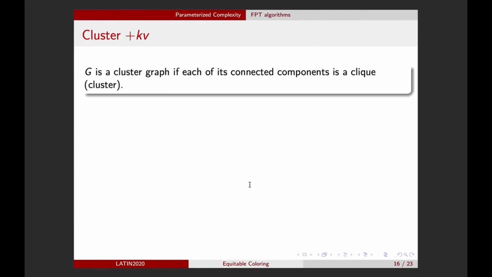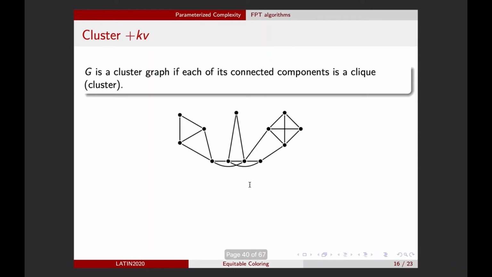Okay, so what is a cluster graph? Recall the definition of unipolar graphs. We just had a bunch of disjoint cliques and a central clique. A cluster graph is just the second part, just the disjoint cliques. This graph is obviously not a cluster graph because it has a connected component which is not a clique.